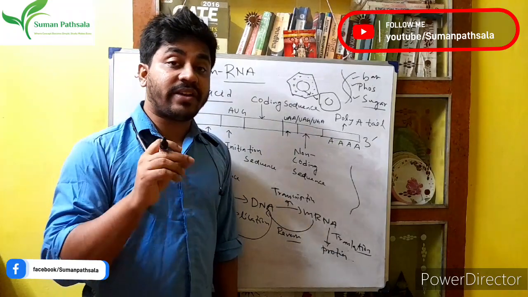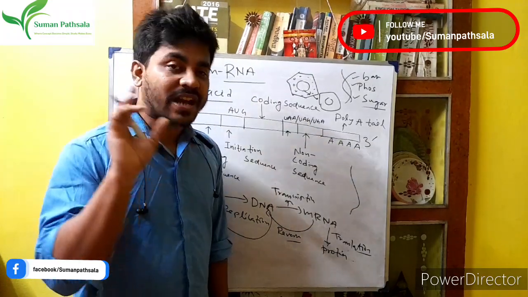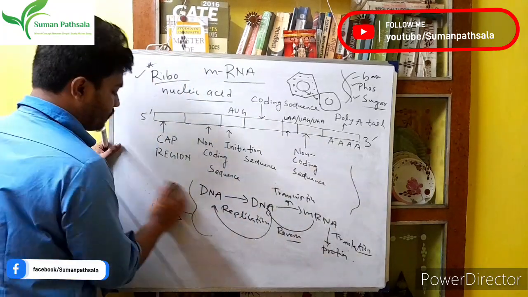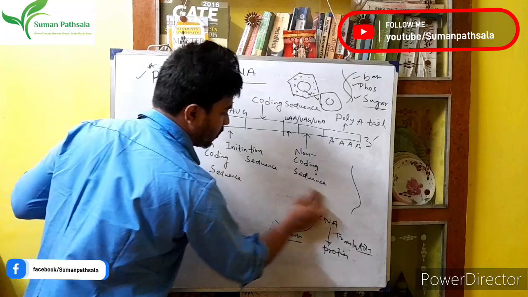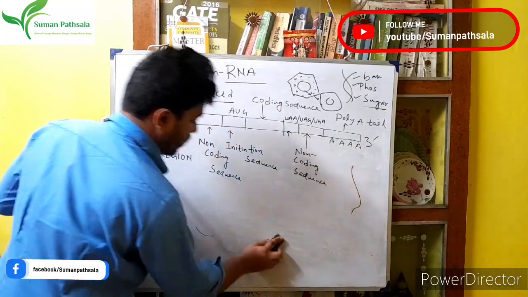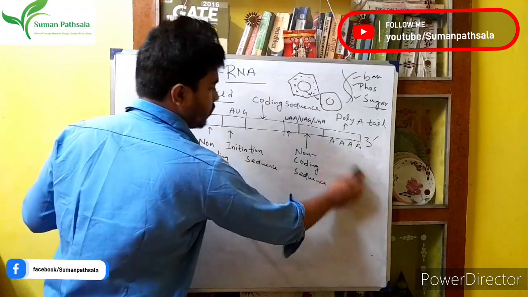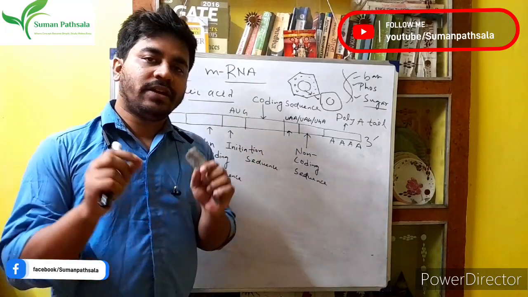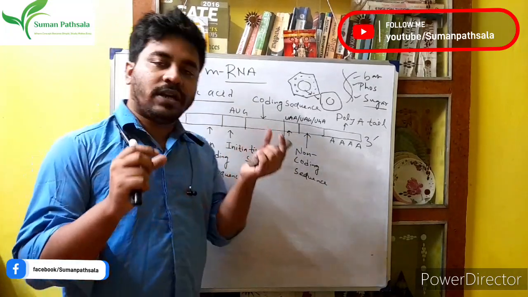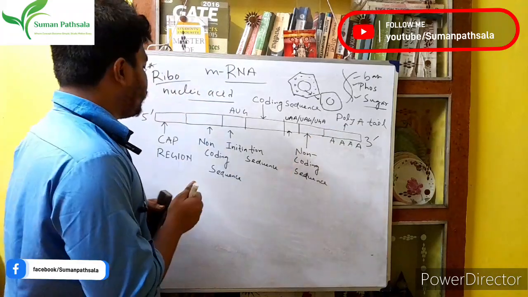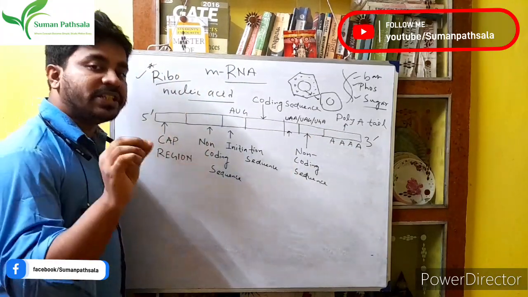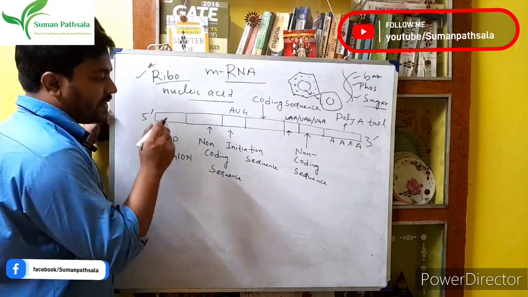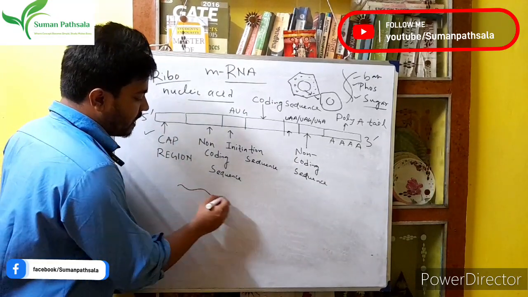Now we have to understand what the structure of mRNA is. So let's start from the beginning. I use all of these things for better understanding. mRNA is basically a large RNA. It has some specific regions. Suppose this is a DNA.